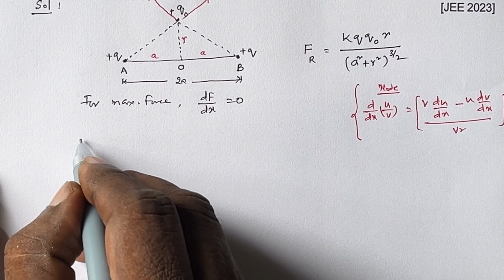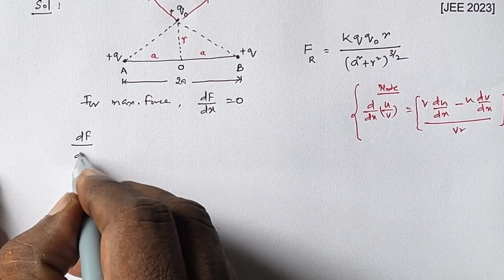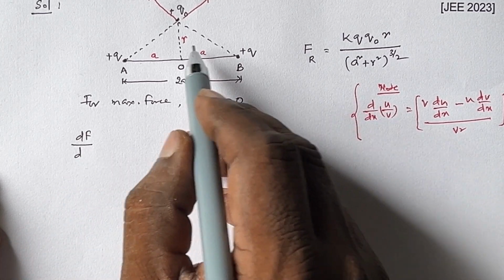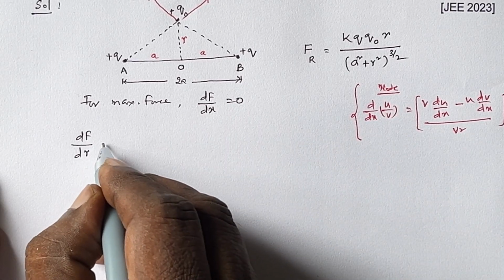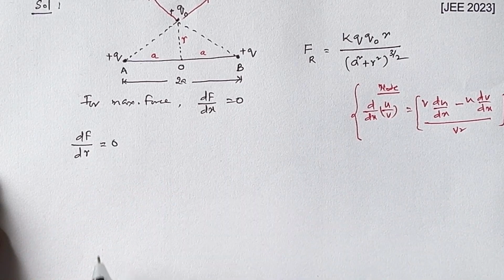So dF by dx. Here distance r we have taken, so I will take dF by dr equal to 0.